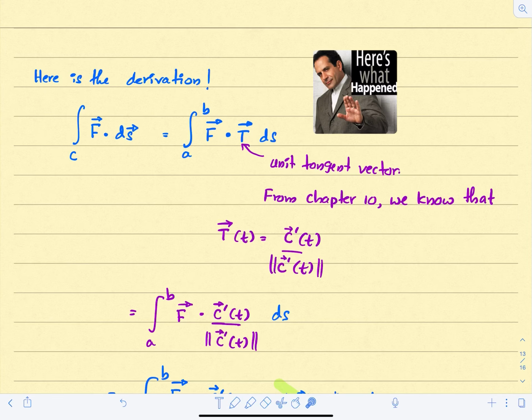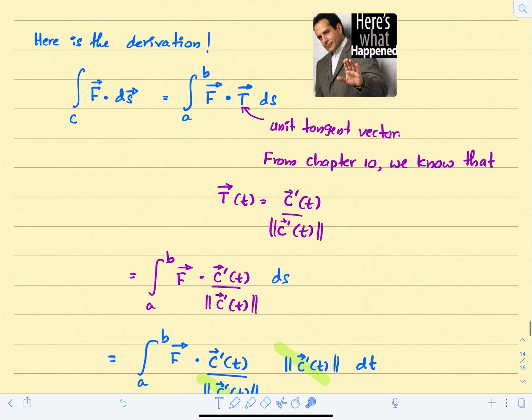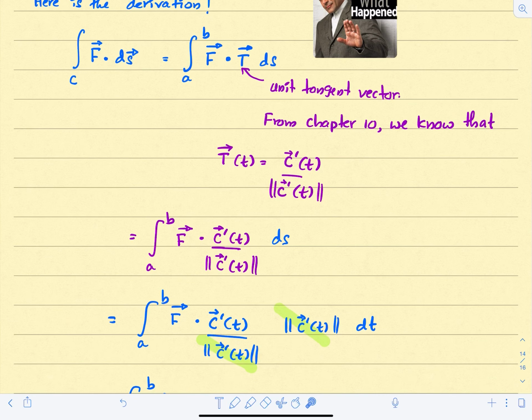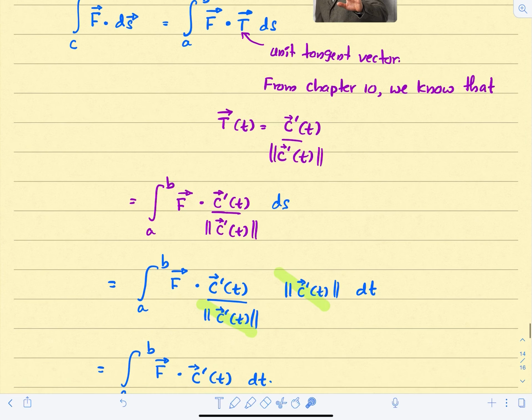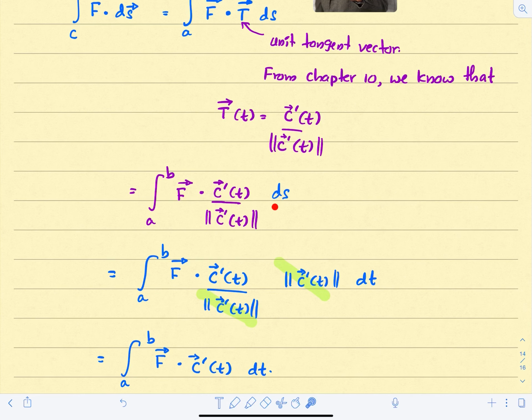Now from chapter 10 we know that the unit tangent vector T equals C prime t over its magnitude. So then instead of T I can substitute C prime t over its magnitude. Now what is ds? ds is the arc length element, which equals the magnitude of C prime t dt.